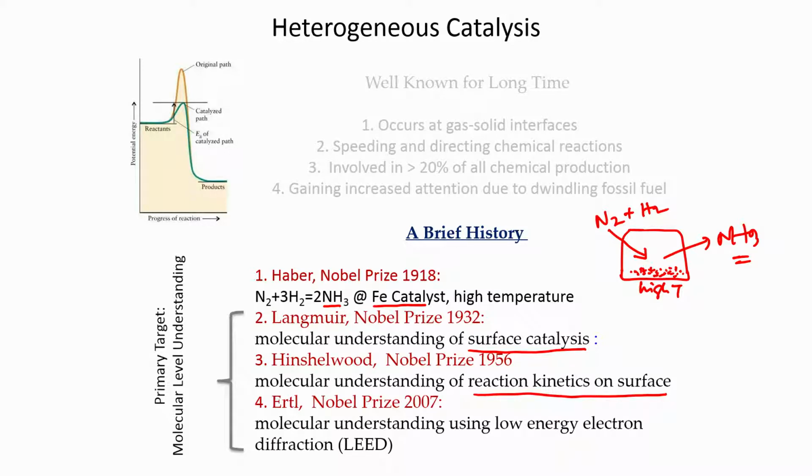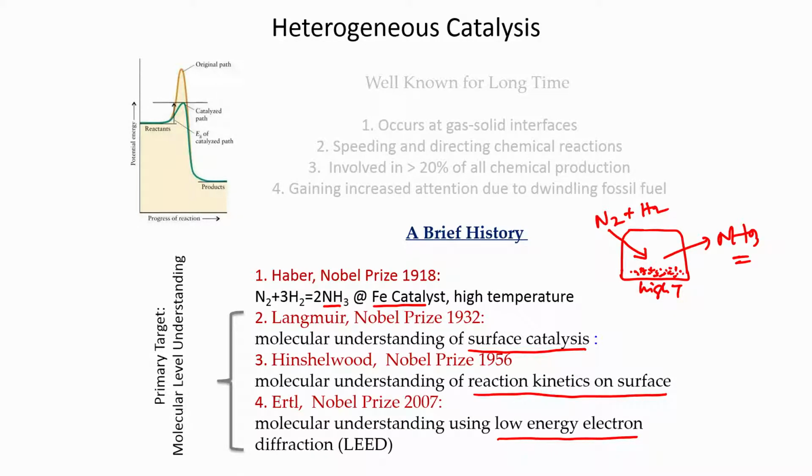And more recently, Ertl also tried to understand catalytic reactions with the help of low energy electron diffraction. There are many scientists, these are the few names I have documented here, who were involved in understanding heterogeneous catalysis at the fundamental level.